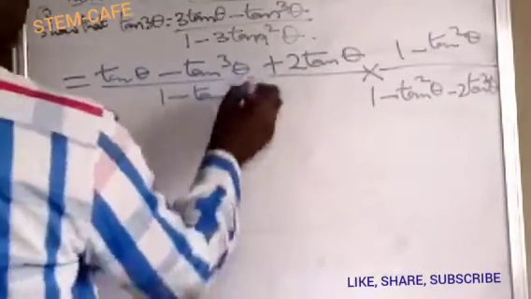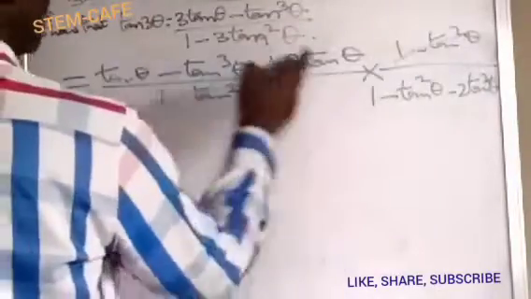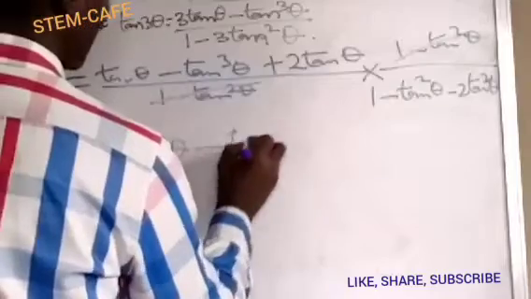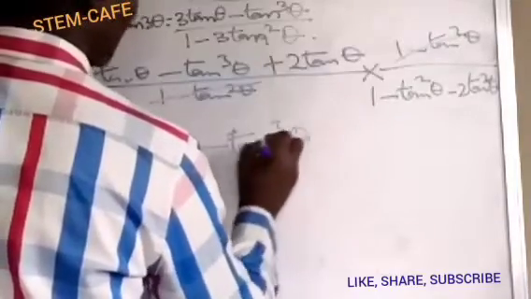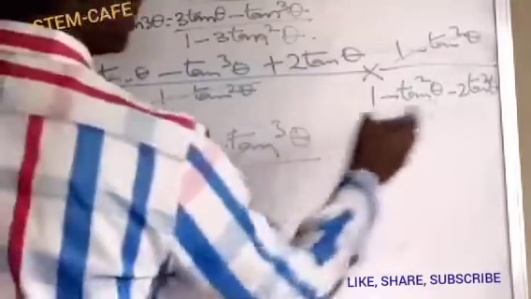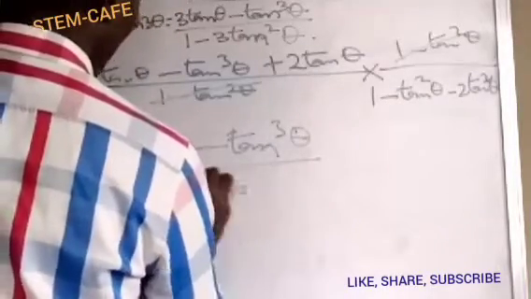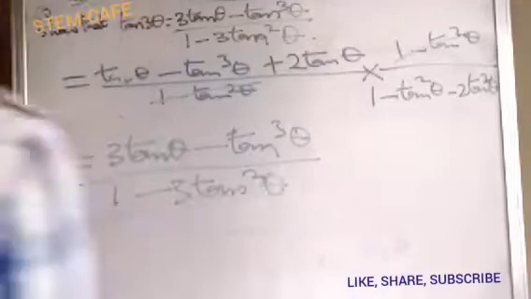And this one cancels this. This one plus this one is going to give me 3 tan theta minus tan cubed theta over 1 minus 3 tan squared theta. Thank you.